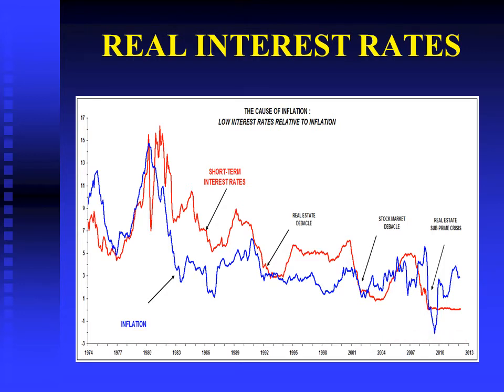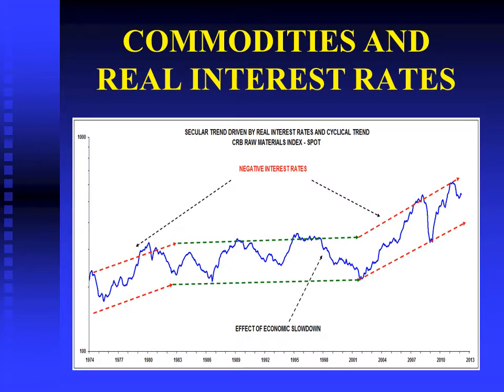Let's see now what is the impact of these trends on commodities. This is the chart of commodity prices, a commodity index, the CRB, which is raw material industrials, and this excludes oil and gold. Notice how commodities rose at a positive rising trend until 1982.